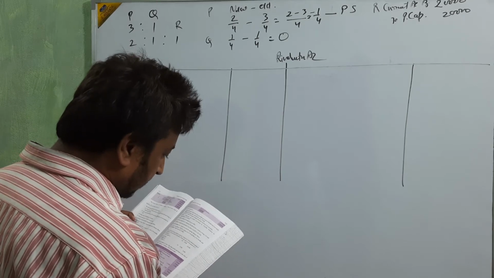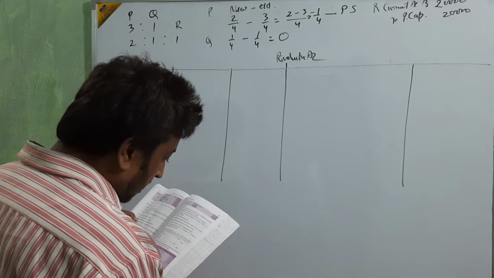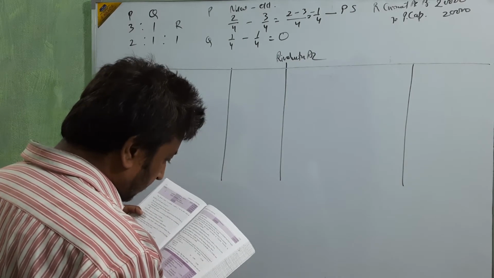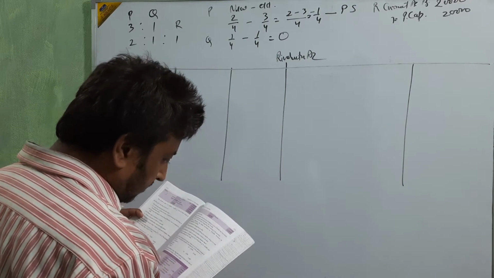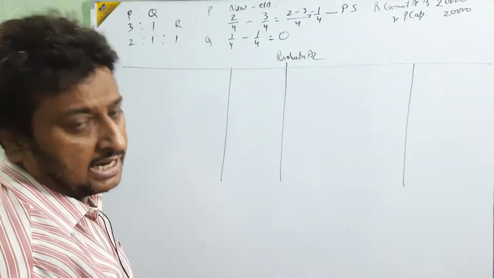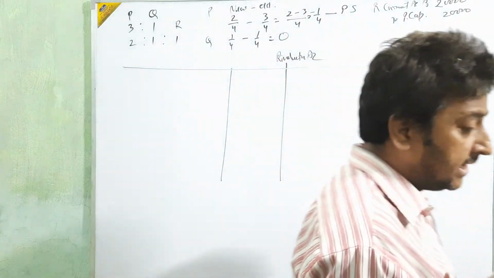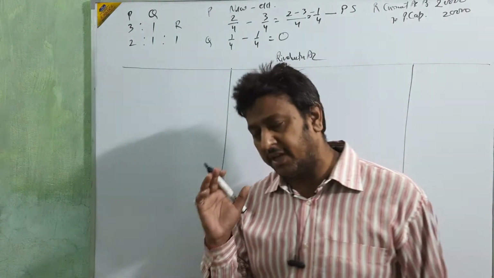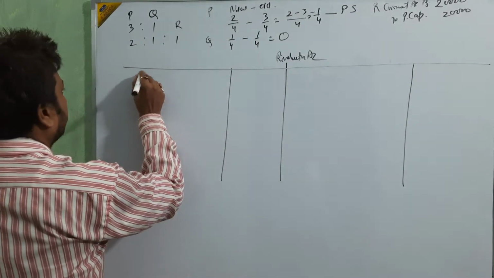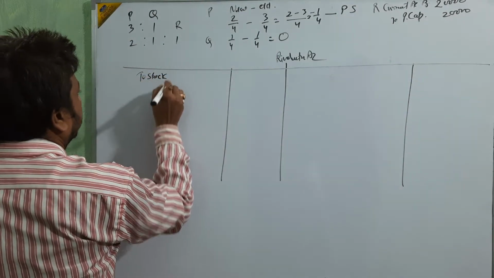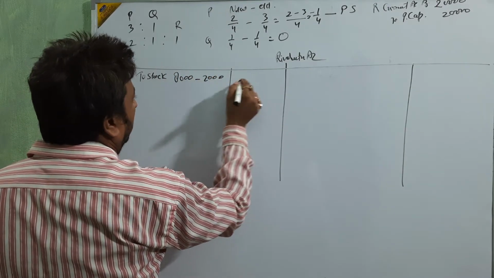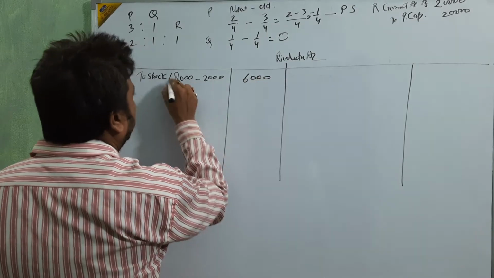Part of the stock which has been included at a cost of rupees 8,000 has been badly damaged, but we could take only rupees 2,000. The stock costing 8,000 is badly damaged, but we can receive 2,000. It means our loss on stock is 8,000 minus 2,000.